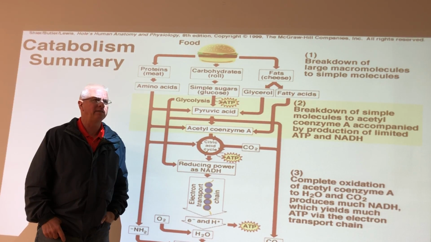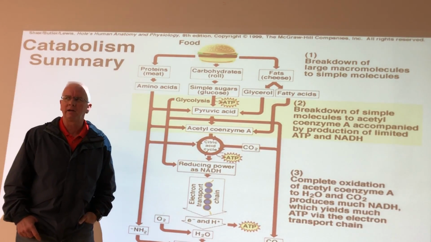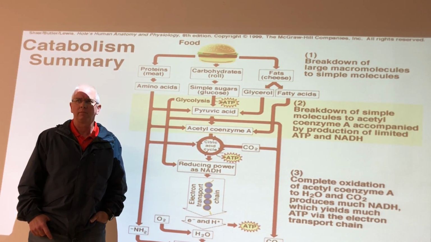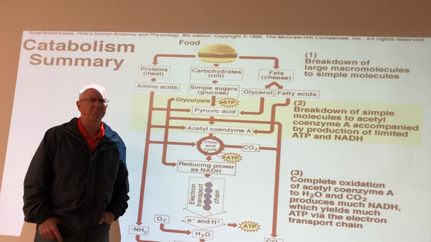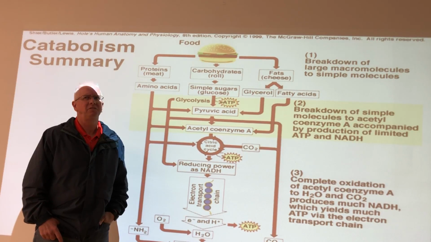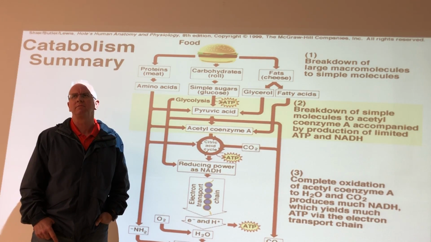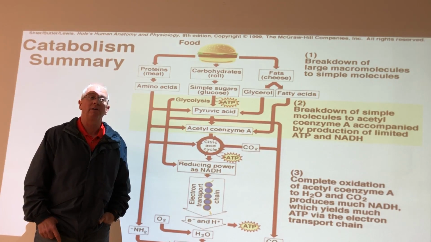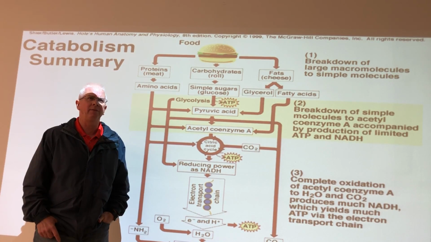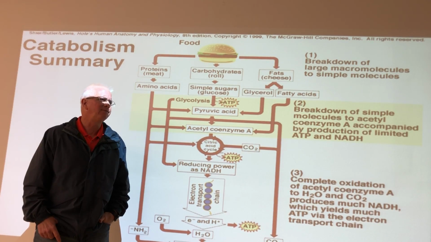If I say the word oxidative, you should think about something we ended class with. We talked about oxidation reduction reactions, right? So if it's oxidative, something's losing electrons, right? And if I use the word phosphorylation, you should immediately think something's getting a phosphate group added to it.